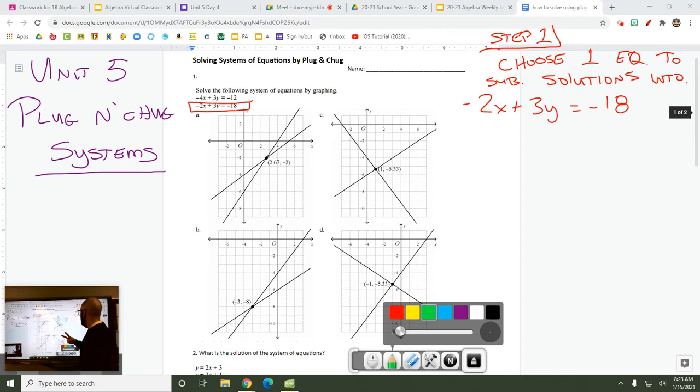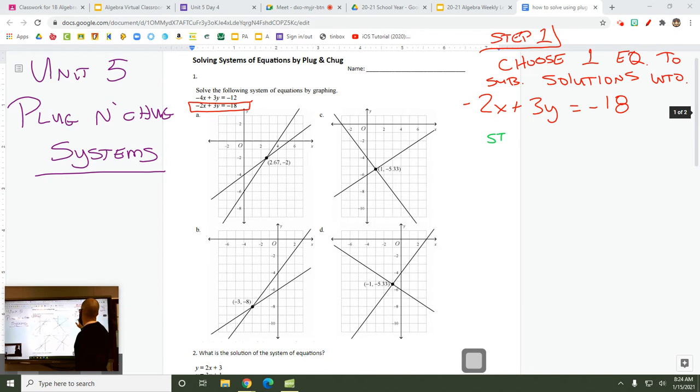All right. The second thing we're going to do is we're going to start substituting solutions. So step 2, substitute solutions into the equation to check if they work.